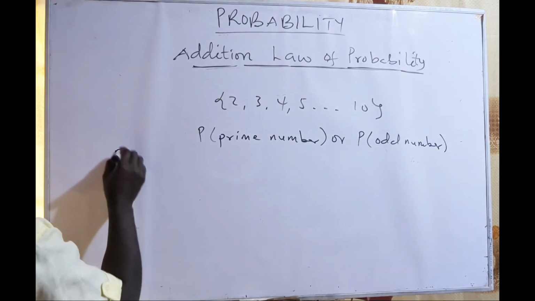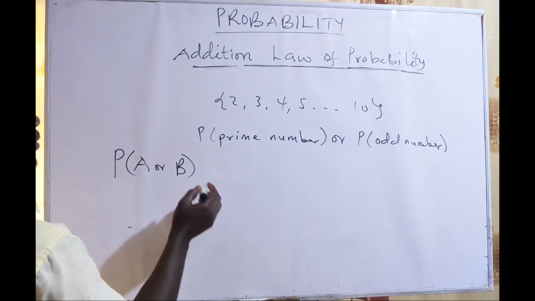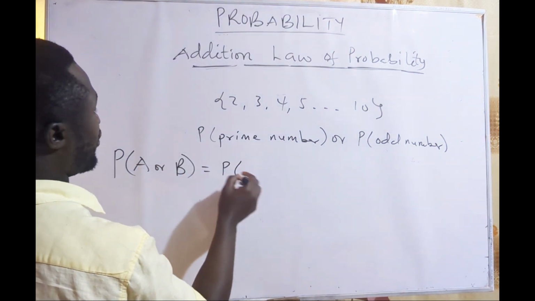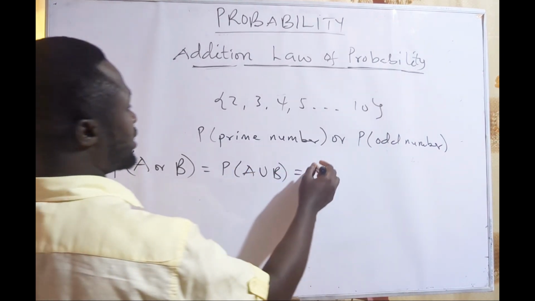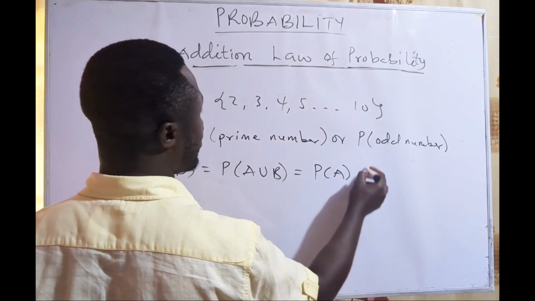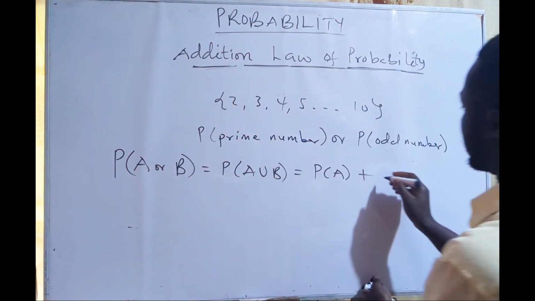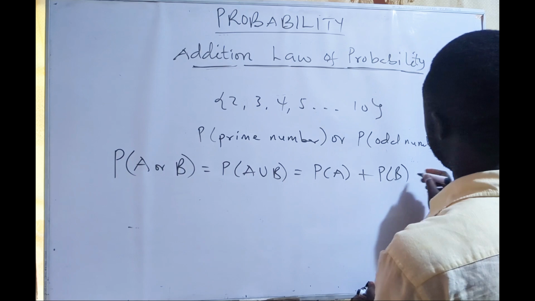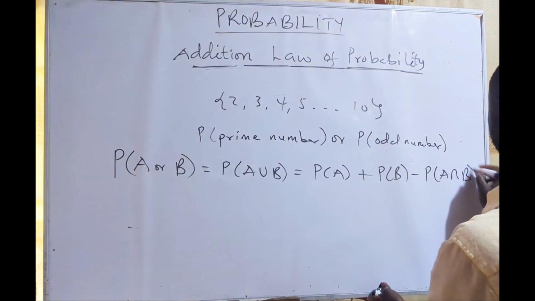So the probability of event A or B is the same as the probability of A union B. That is the probability of A, where the 'or' is the addition, plus the probability of B minus the probability of A intersection B.